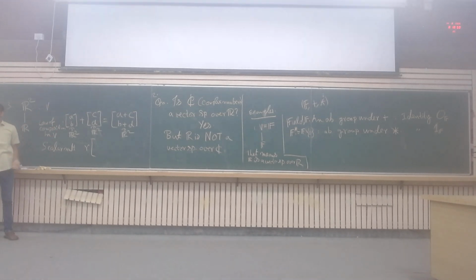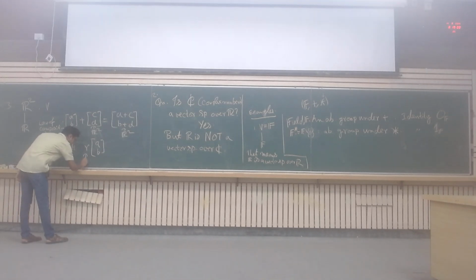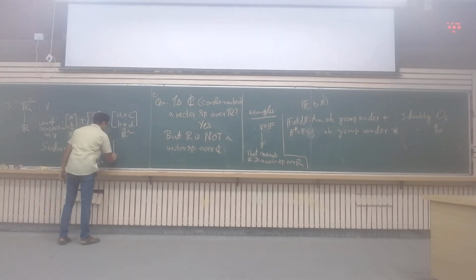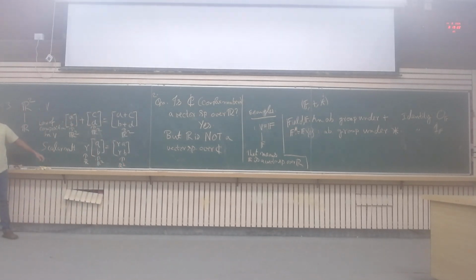It's just pointwise addition in R. And then R times a vector: here this R is in R, this is in R2, and what you get here, Ra, Rb, that's also in R2. So in particular, it is closed under scalar multiplication.